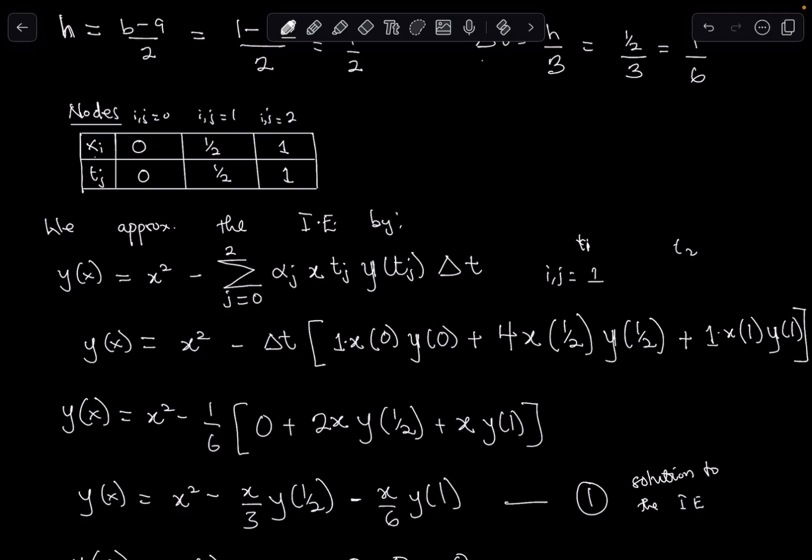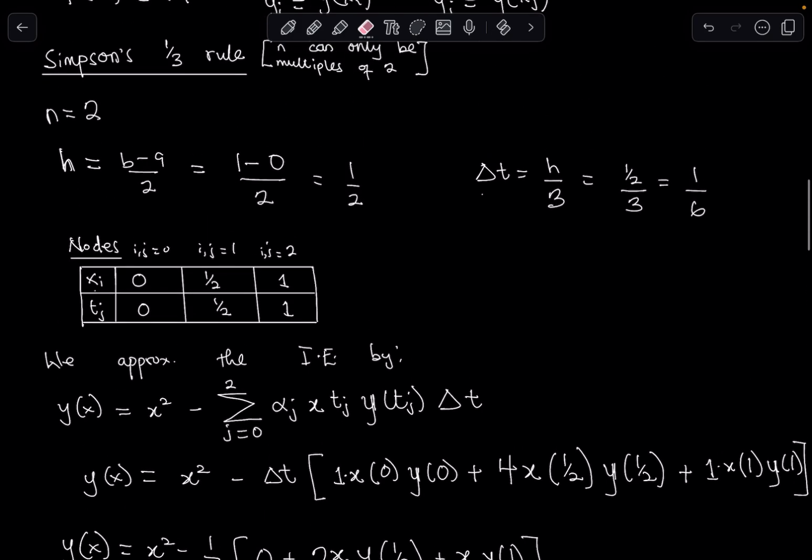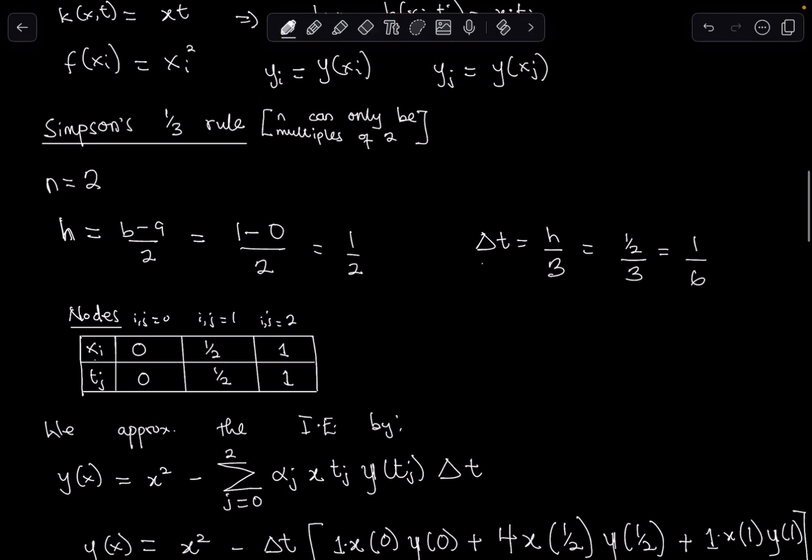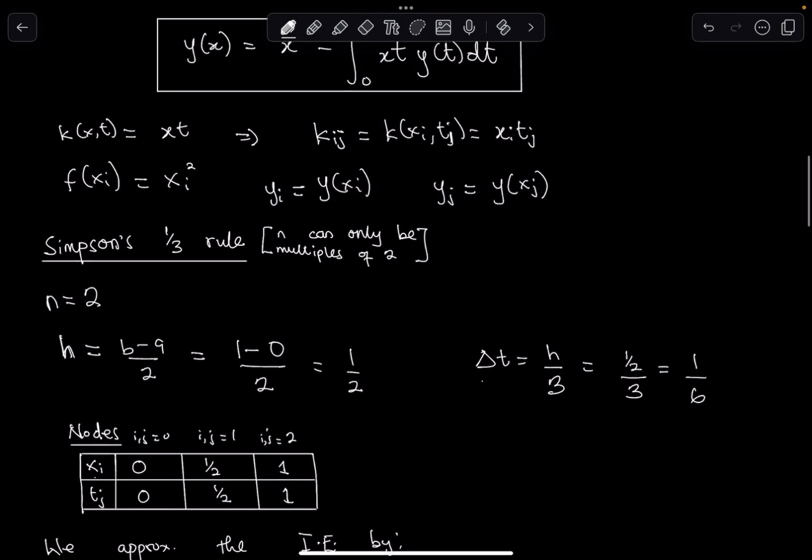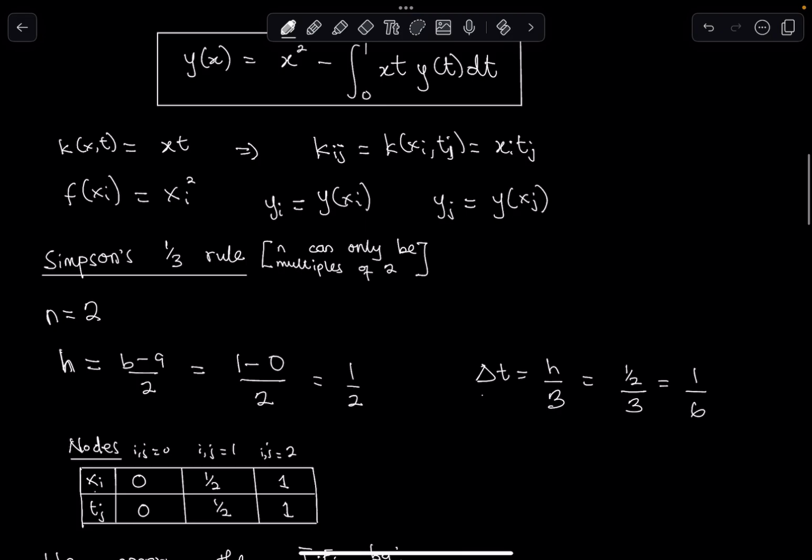And then the functional values at the endpoints will always be pre-multiplied by 1. So that's the only difference if you want to use other techniques, all right? But this is how you solve an integral equation using any of the numerical quadrature approaches, okay?